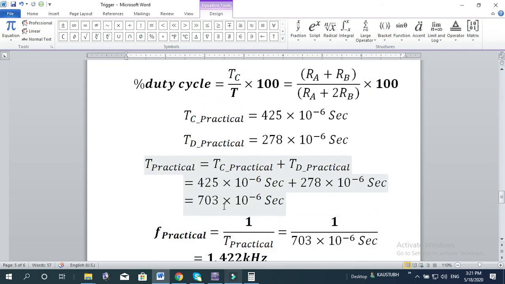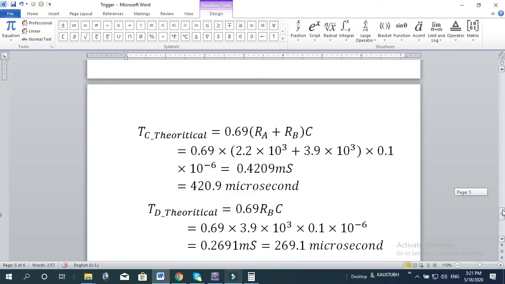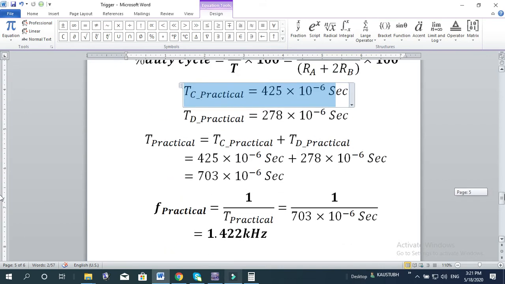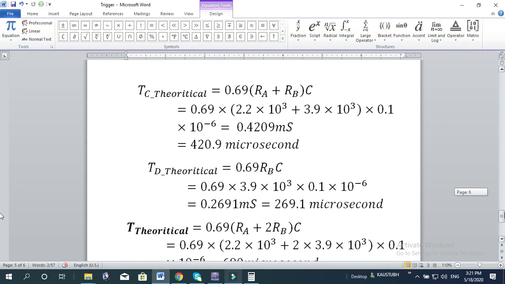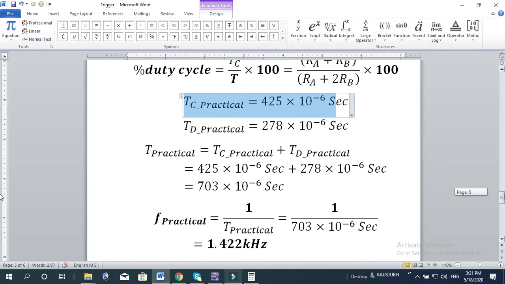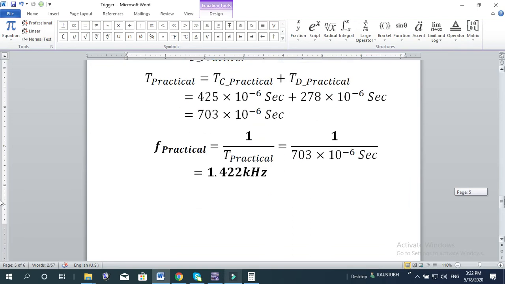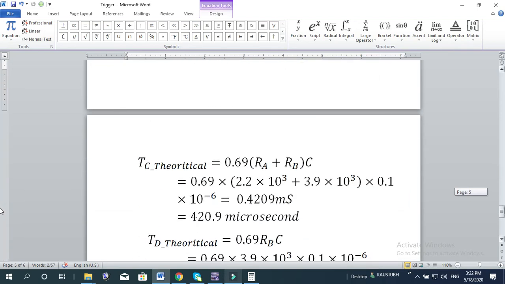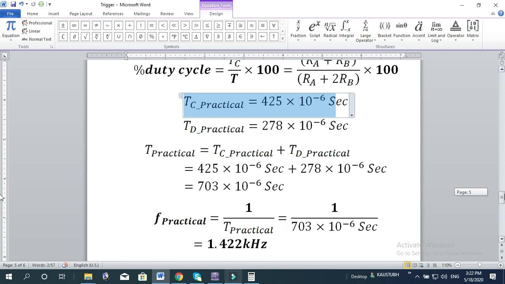Then you see practical on time, TC, is 425 microsecond, and theoretically on time is 420, so 5 microsecond difference. And off time, the discharging time, is 278 microsecond practically, theoretically it is 269, so 9 microsecond difference.